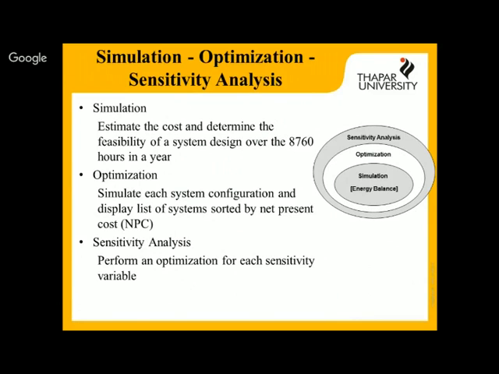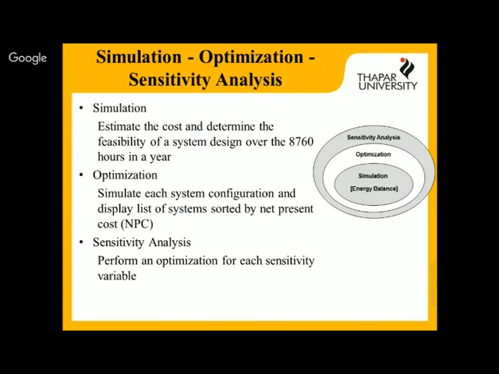That is one solution. Then if I have a 10 kilowatt PV in a day, I can reduce the size of the DG. So this is what we are going to find out, the sizes and all that. It configures every possible combination, and it tells us that this is the feasible solution and this is the most economical solution. Now it's up to us which solution we opt for.